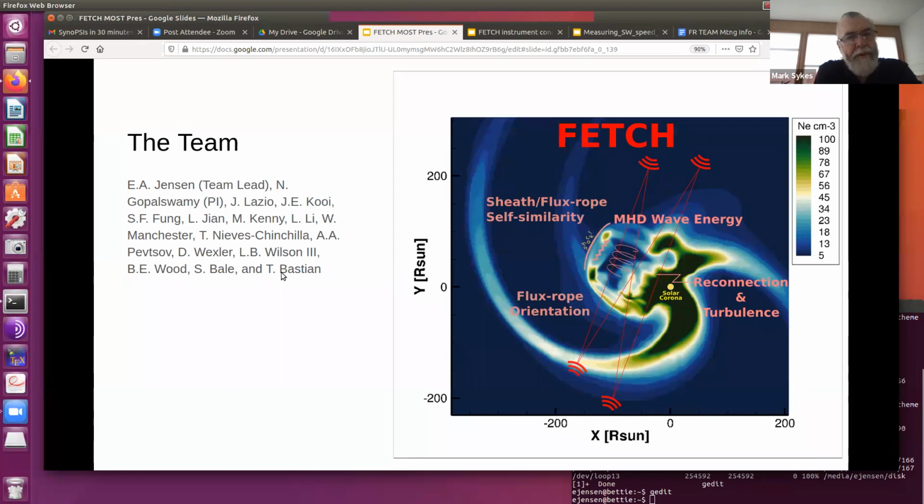Would there be opportunities to perhaps fly this instrument earlier, on some other mission? Yeah, if it gets prioritized, it could get flown earlier. And Gopal's already talking about de-scoping. Instead of having fixed spacecraft at L4 and L5, we could have them move between those two positions.